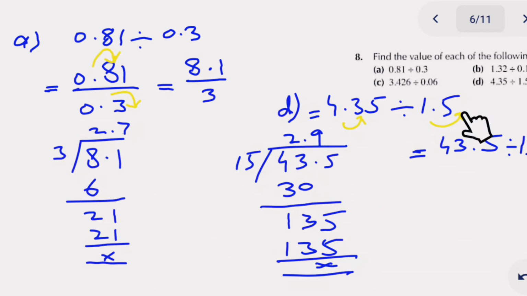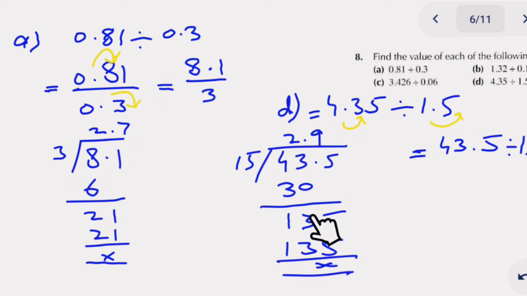In this part you can see that we are given the question that we have to solve 4.35 divided by 1.5. We moved it to the right, and it becomes 43.5, and 1.5 becomes 15. So 43.5 divided by 15, 15 twos are 30.